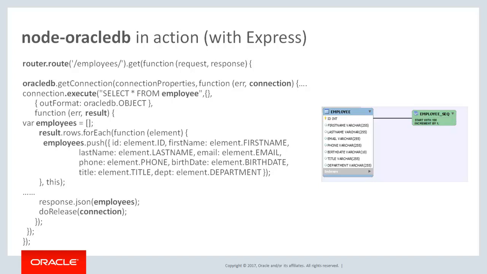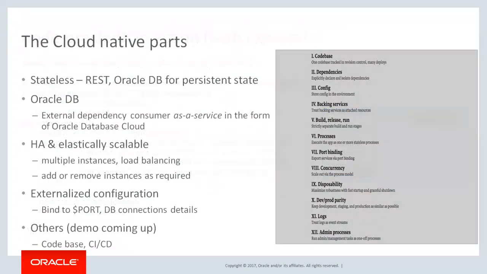Then we iterate over the results and create a JSON payload, which we finally push to our client. And of course, we follow best practices and release the connection at the end of our call. This is pretty simple, and this is how a typical flow looks when using the Node Oracle DB driver.